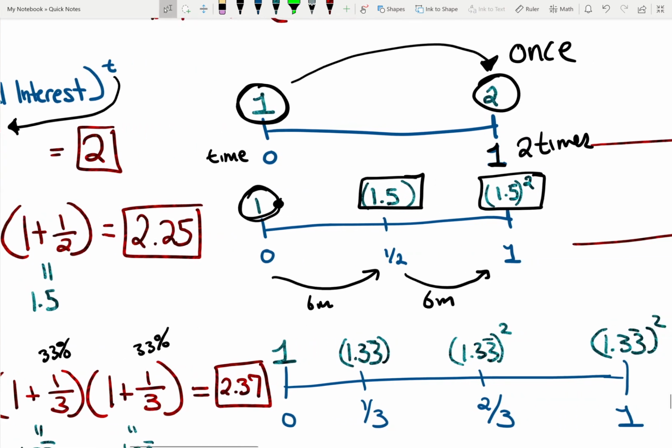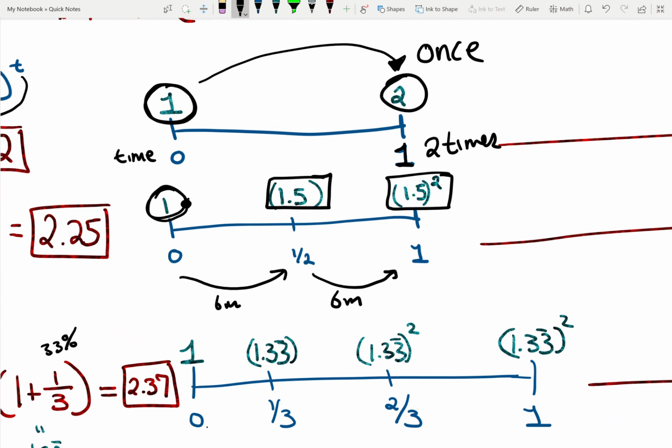So how would it look on a map? Well, after the first 4 months, I'll have 1.33. After the next 4 months, I'll have 1.33 squared. And after the last, that should be a cubed. 1.33 cubed.